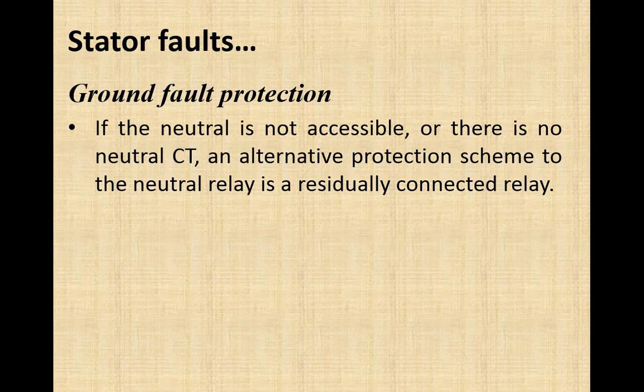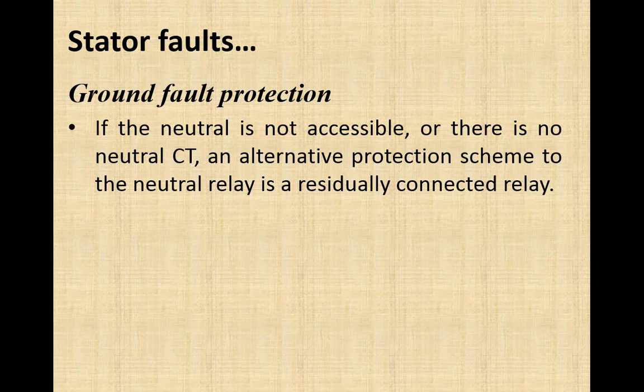Now we discuss the other methods that could be used to detect a ground fault if we cannot provide a CT in the neutral circuit, or we don't have any CT over there. So if neutral is not accessible to insert a CT over there to have a sensitive protection for ground fault, we have alternate schemes.